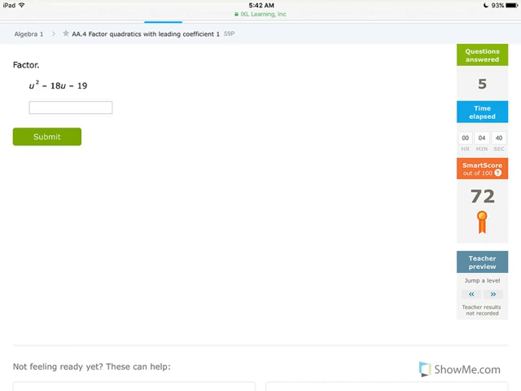And let's do one more where we have some minus signs involved. So u squared, you would need a u times a u. We need something that multiplies to be 19. So probably 19 and 1.